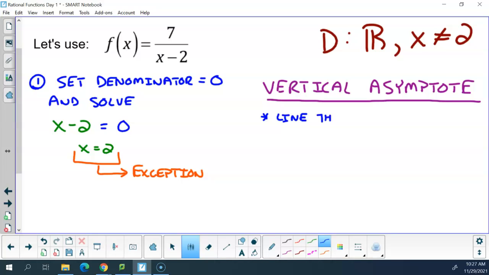That my function, your function can never, ever cross.